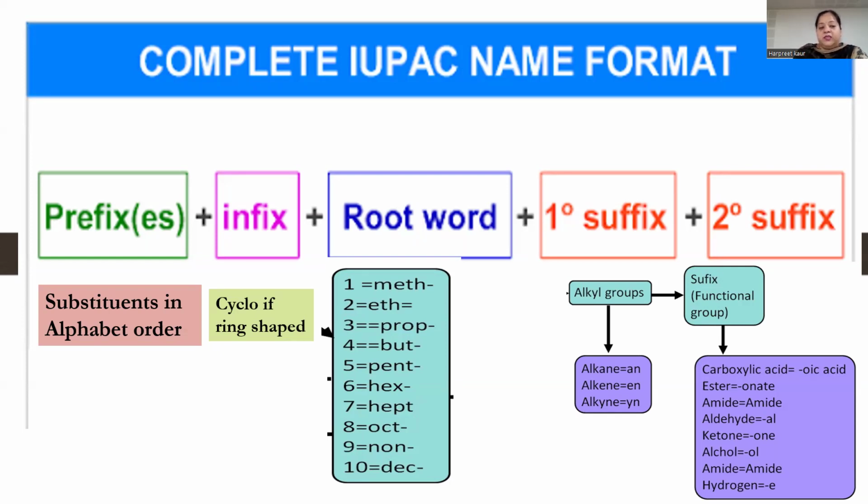And before that are written the substituents in alphabetical order. Whatever doesn't come under the root word or the functional group is in the prefix as substituents, and if more than one substituent is present, then they are written in alphabetical order.